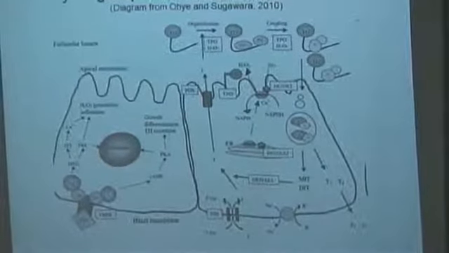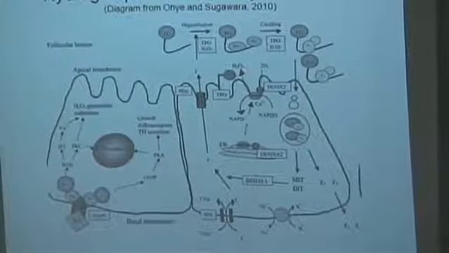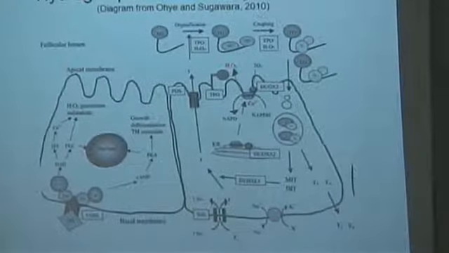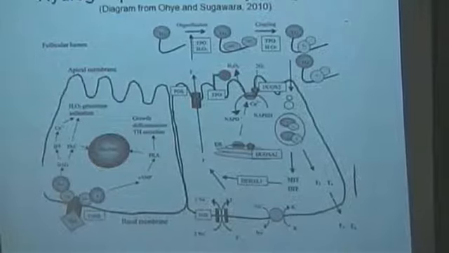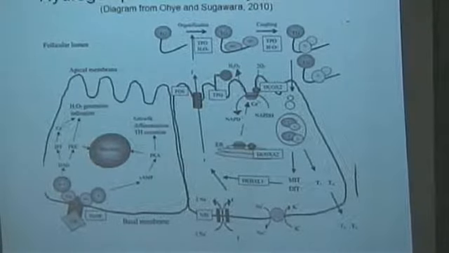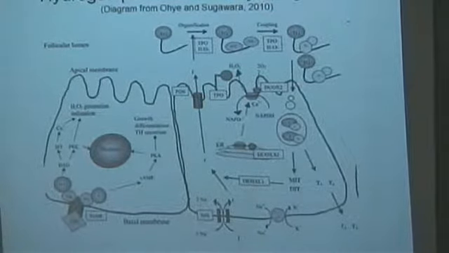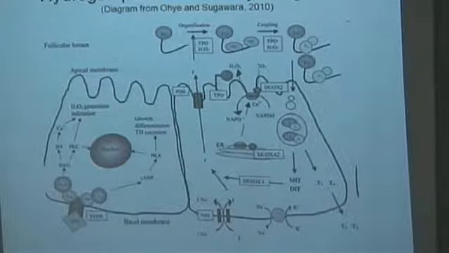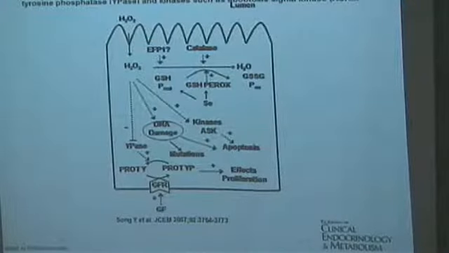It's exported, okay? And then the reactions to make the thyroid hormones using hydrogen peroxide occur outside the cell. And that keeps the cell from being exposed to all this hydrogen peroxide. However, some of it leaks back in, okay?